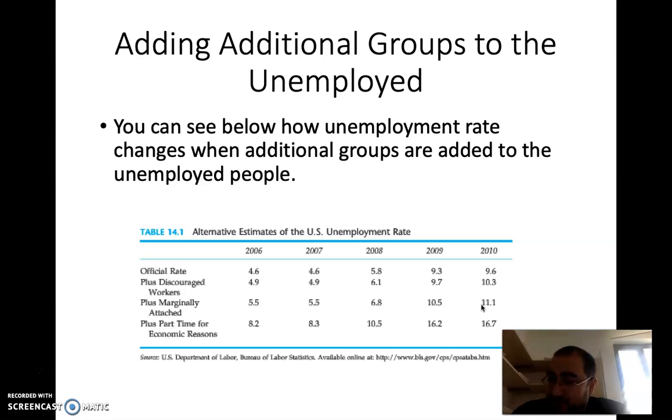That is according to these measurements, but especially involuntary part-time workers are an important group in the workforce. Discouraged workers and the marginally attached group exist and are not totally insignificant, but their importance is, you might still say, small.